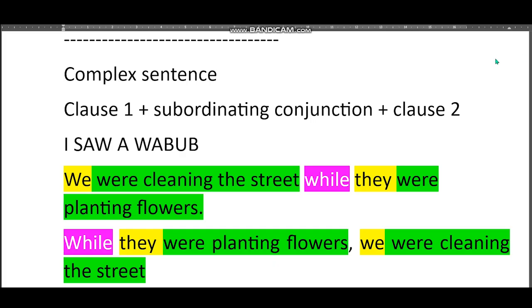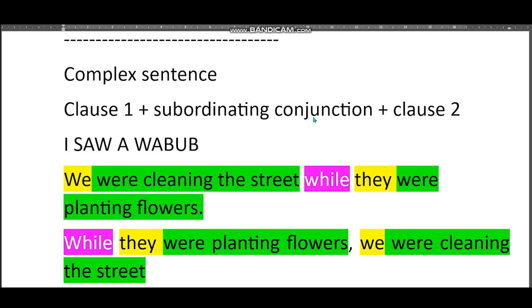Now moving on to the third type of sentences, which is the complex sentence. The complex sentence is very similar to the compound sentence as it has two clauses joined by something. But here, if we join the clause 1 and clause 2 and put in between the subordinating conjunction, we do not add a comma. Okay?